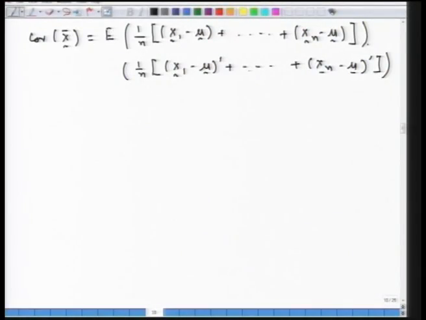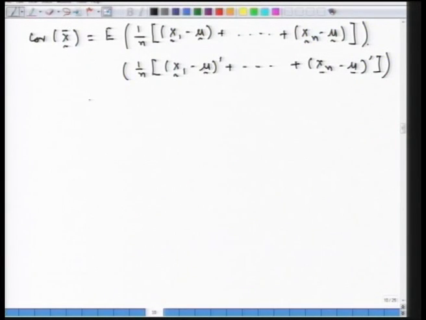So, we will have the expectation of the cross product of this with any of these except the first entry would be 0, because any xi is independent of xj if i is not equal to j, and hence the covariance matrix between the two would be equal to 0.